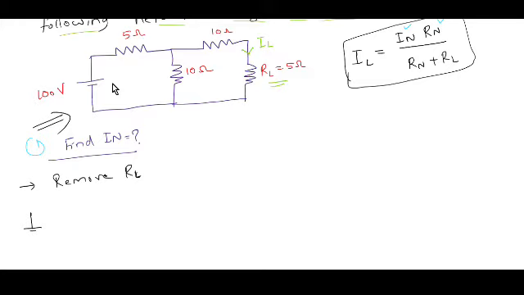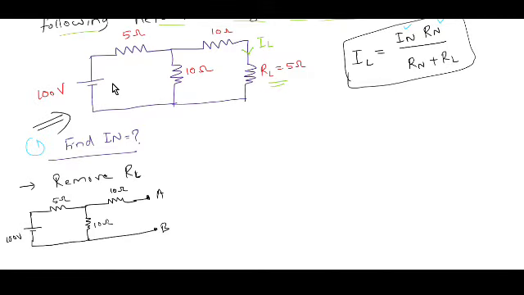Here we have the voltage source 100 volt, this is 5 ohm, this is 10 ohm, and here you have another 10 ohm. We have removed the load resistance from the output terminal.